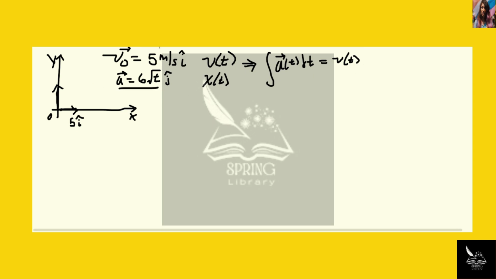So there's our acceleration. We'll put that into our integral here. The 6 is a constant, so I'm going to pull it out of my integral and just put it in front here. And then my t, I'm writing it as t to the 1/2, which is the same as the square root of t. And of course, dt.